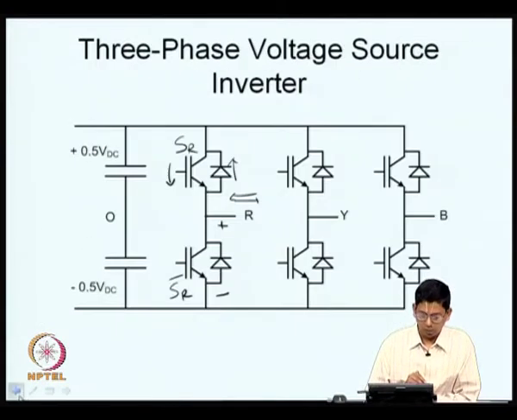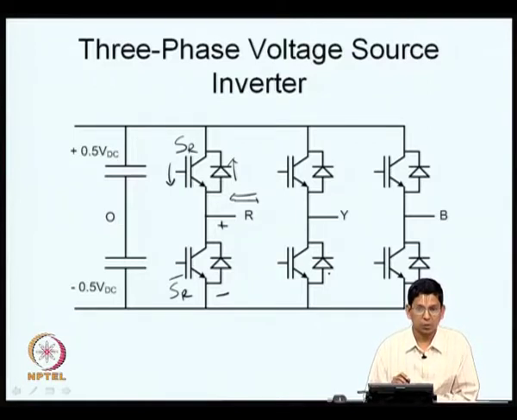Now, this is a 2-level inverter. In this, can we say that the losses in all the 3 legs will be equal? Yes. Why? Because we assume all balanced conditions. There is a DC bus voltage and the load is balanced and we are controlling it in a balanced fashion.